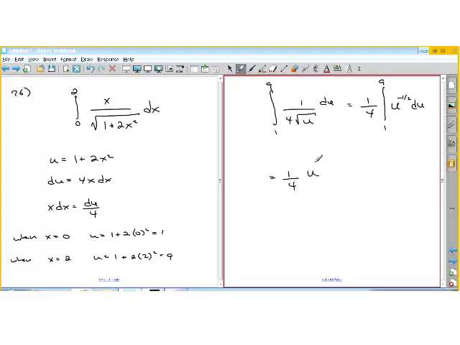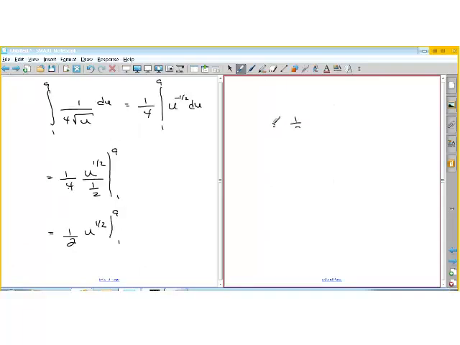So we add 1 to the exponent, divide by the new exponent. We evaluate that between u equals 1 and u equals 9. So 1/4 times 2 is 1/2, so you get 1/2 u to the 1/2 evaluated from u equals 1 to u equals 9.